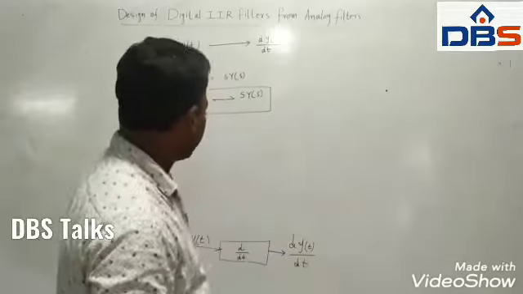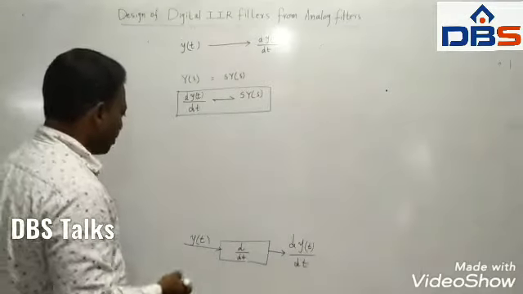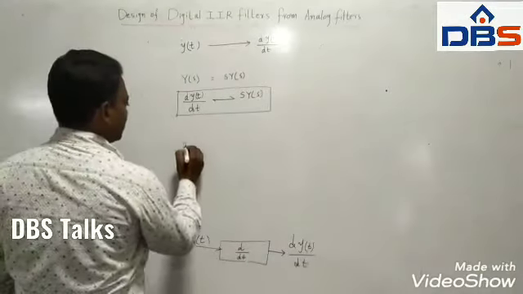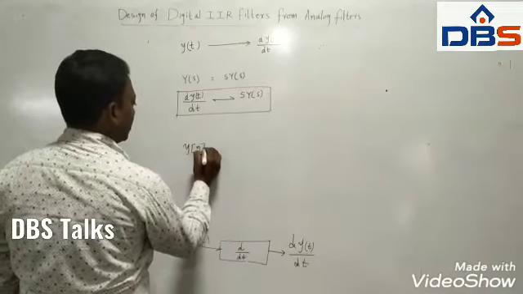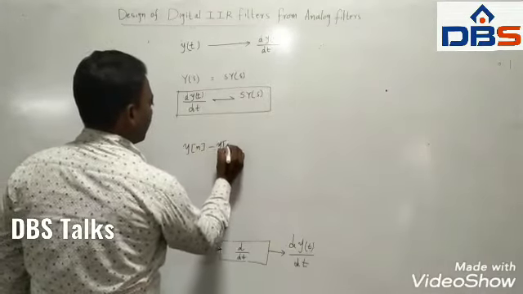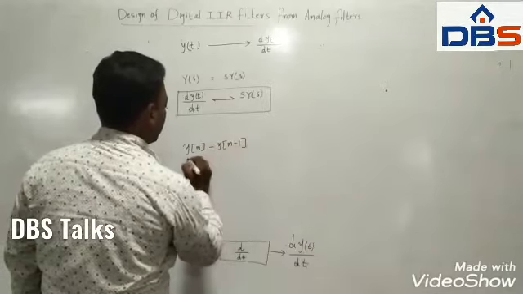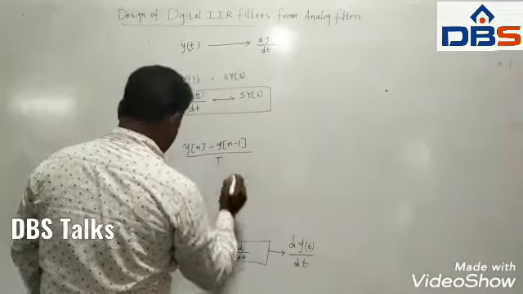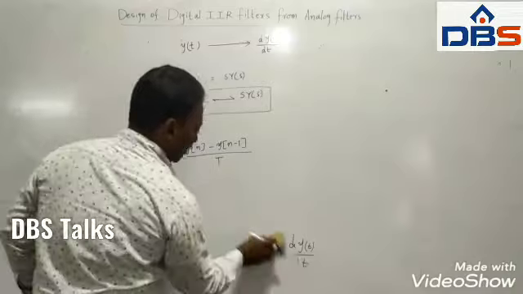For the Z transform technique, see the equation we have seen, y(n) minus y(n minus 1) by T. This is the equation for the backward difference.